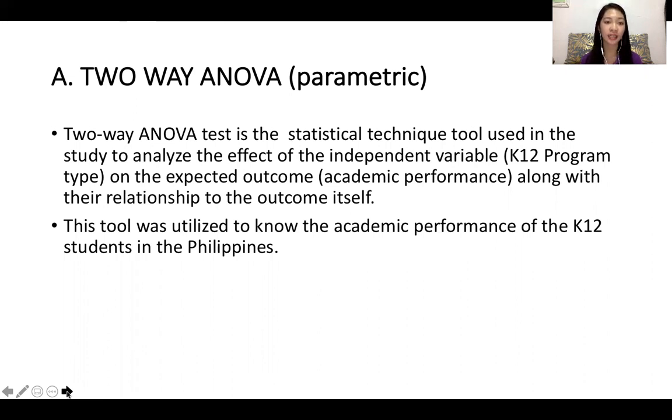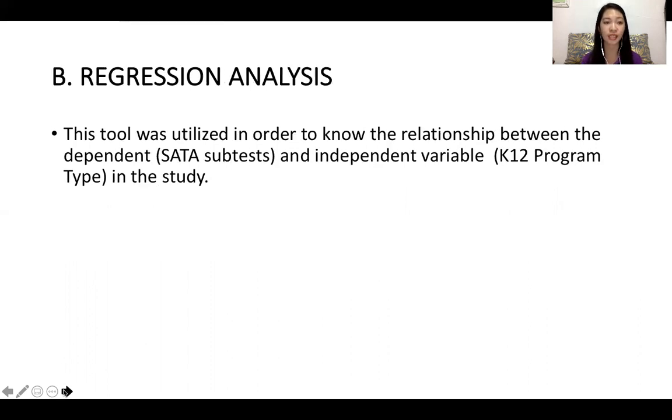It states here that the two-way ANOVA test is a statistical technique used in the study to analyze the effect of the independent variable, which is the K-12 program type, on the expected outcome, which is the academic performance of the K-12 students, along with the relationship to the outcome itself. So this tool was utilized to know the academic performance of the K-12 students in the Philippines.